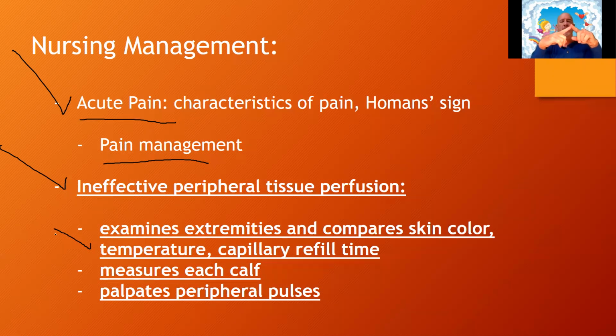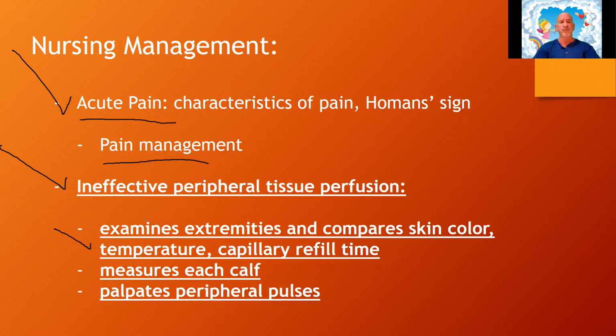CMS is color, movement, and sensation. When you start clinical 1 and start doing head to toe assessments, you will do CMS on both hands and both feet. You want the color to be pink. You want them to be able to move it, and they should feel the sensation when you touch it. CMS.